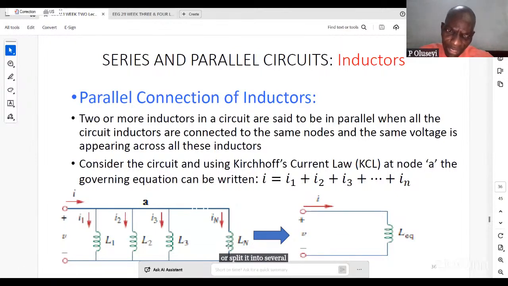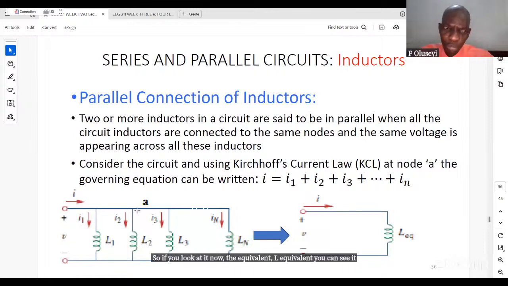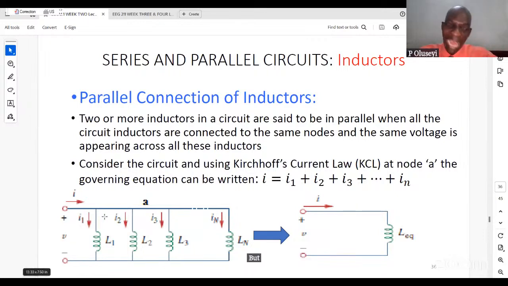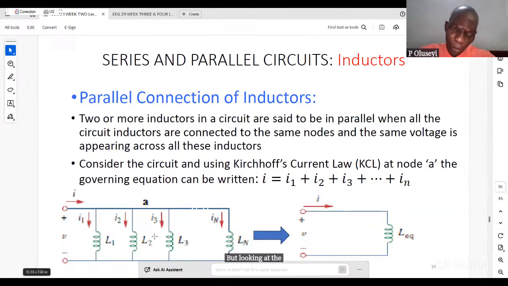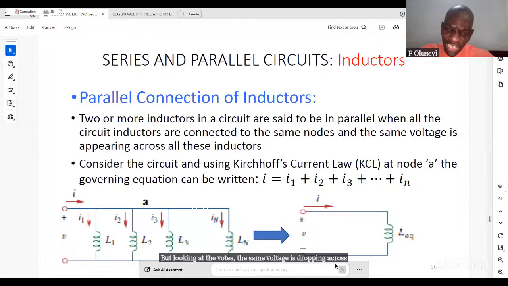If you have 3 branches, your original I will split into 3 others at a particular junction, and if you have more than that, it will still split. So the current is now different, but looking at the voltage, the same voltage is dropping across all of them.